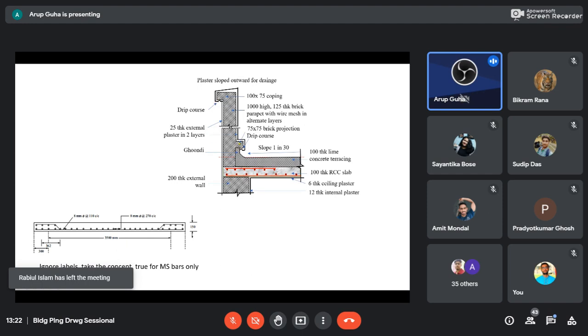So that is drip course. এবং এইখানেও actually this is your reinforced concrete slab, তার উপরে there will be certain terracing that has a inclination or slope through which water can flow and go out.